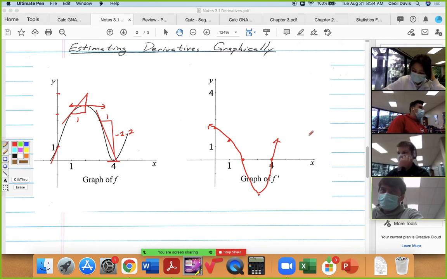That's all we're really looking for. So don't make yourself crazy trying to find, well, is it 3.72 or 3.75? Don't get crazy about it, okay? It's just a sketch. It's an estimate. Okay, any questions about that?